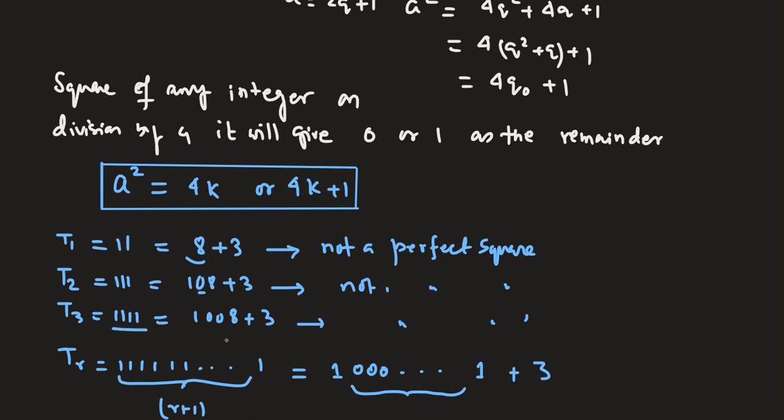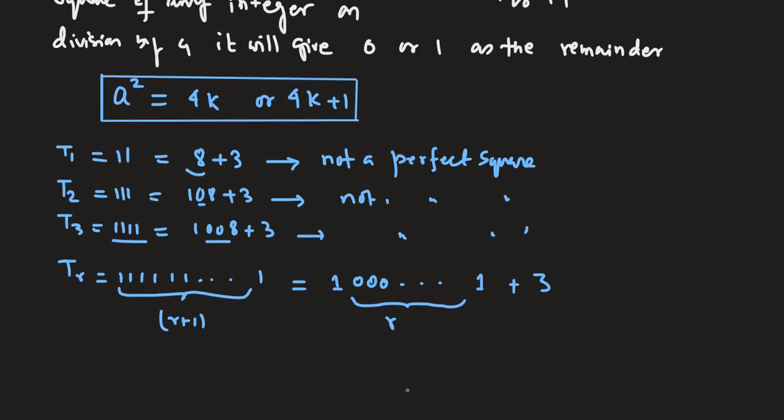If it is 4 ones, the number of 0s is less than 2. So here the number of 1s present is r plus 1, so the number of 0s will be r plus 1 minus 2, that means r minus 1 zeros present. The last digit will be 8, not 1. So what we notice is that this part is divisible by 4 and leaves the remainder 3. So this number we can write in the form of 4k plus 3.